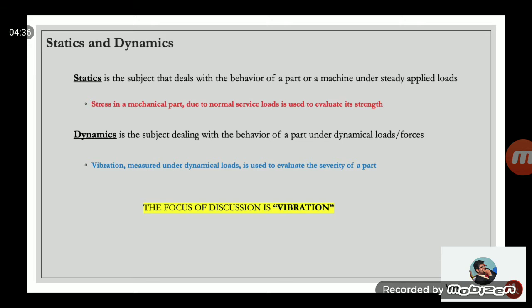That means, what is my vibration level? The best level is, say, A and the worst is D; if it crosses B and C, then we are fine. But if the vibration level is at D, then you have to do something, redesign the part and move that frequency and vibration levels. So the focus of discussion here is dynamics and its vibration.